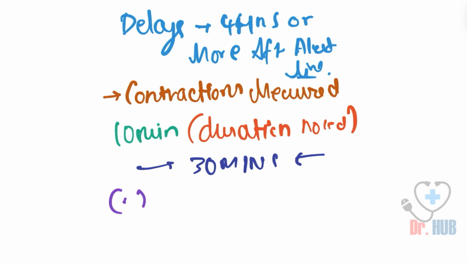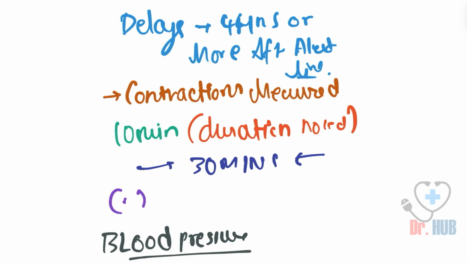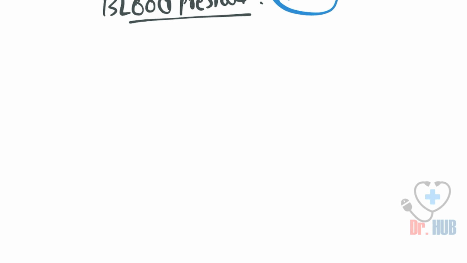Next, we're looking at the blood pressure. The blood pressure is recorded every 4 hours and marked with arrows, unless the patient has a hypertensive disorder or preeclampsia.